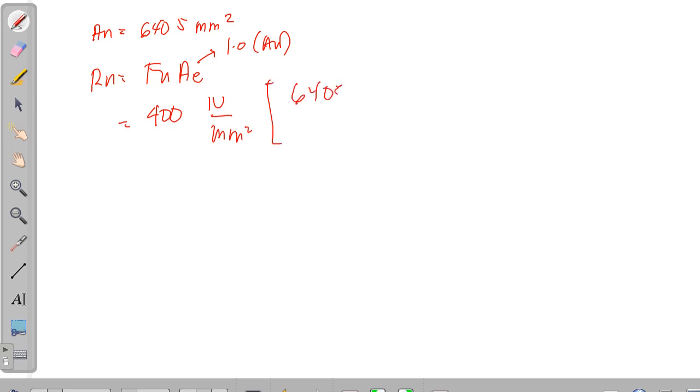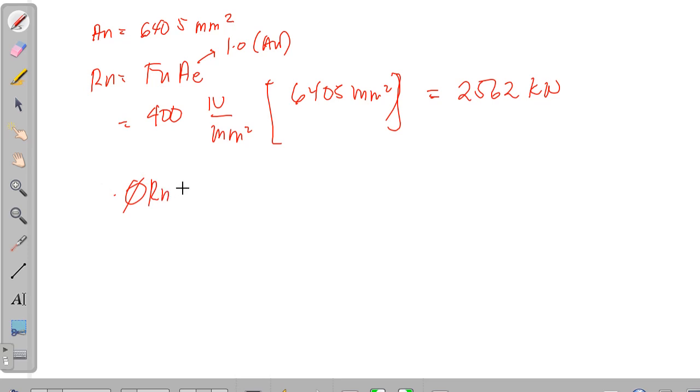Okay? So kanina, solving for the RN of FU AE, this is 1.0 AN. So we have FU natin is 400 MPa, that is Newton mm squared, times yung AN natin is 6405 mm squared. So this would result to 2562 kilonewton. That is our nominal strength. Okay? Ang hinahanap natin is the design and the allowable strength.